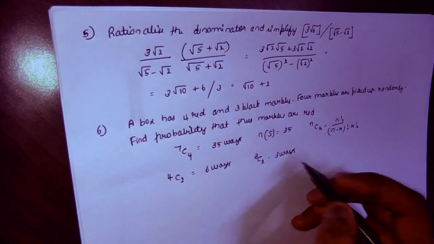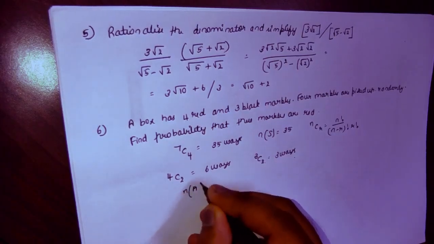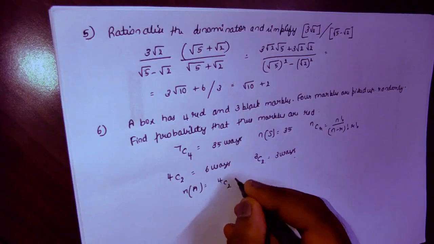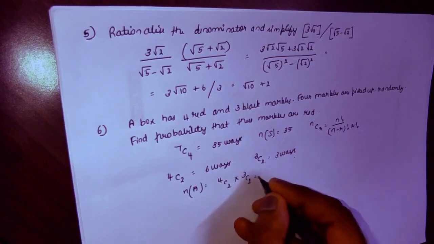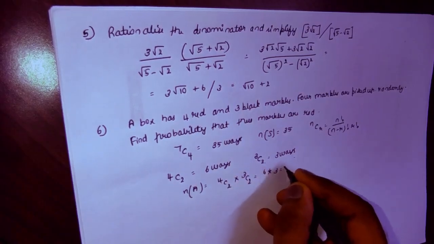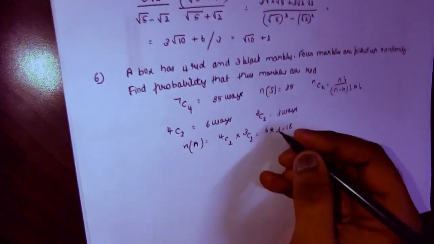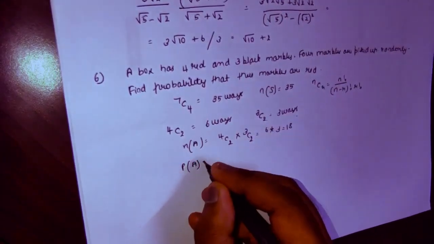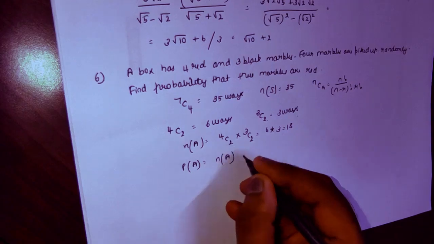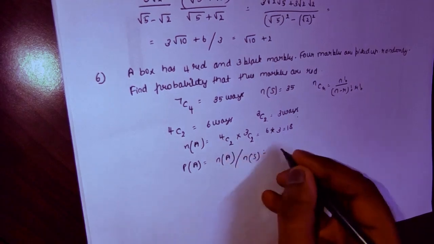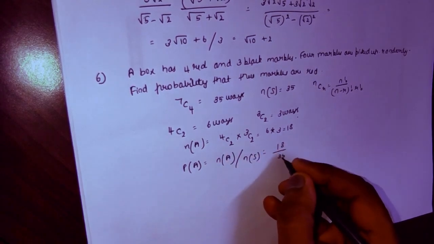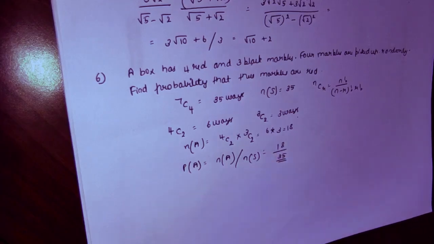So n of A is equal to 4C2 into 3C2, that is 6 into 3, that is 18. The probability of A is n of A divided by n of S, that is 18 by 35. This is the solution.